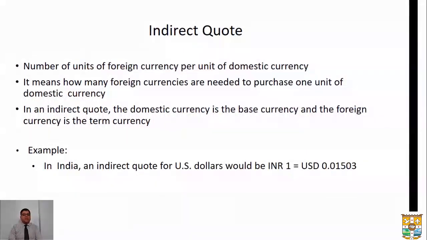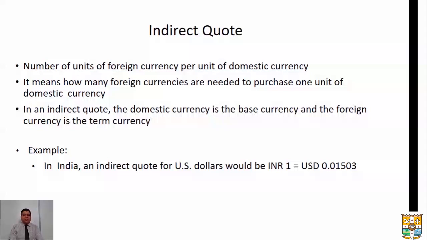An indirect quote is just the opposite. Here, the home currency is taken as the base currency and the foreign currency is taken as the term currency. So, how many units of the foreign currency is required to buy 1 unit of the home currency will be the indirect quote for US dollars in India.